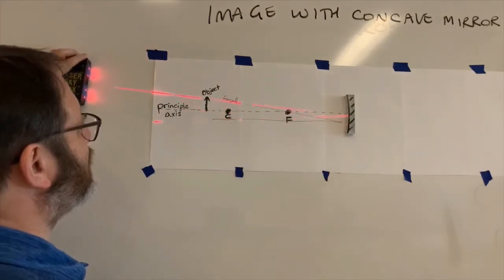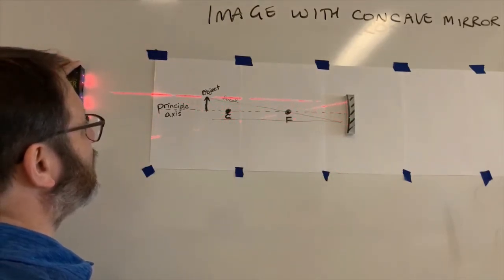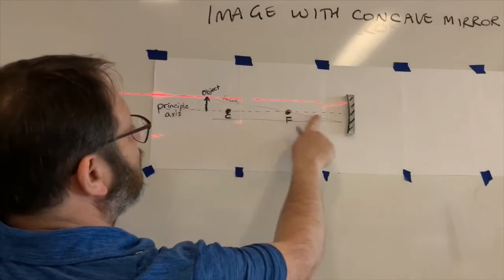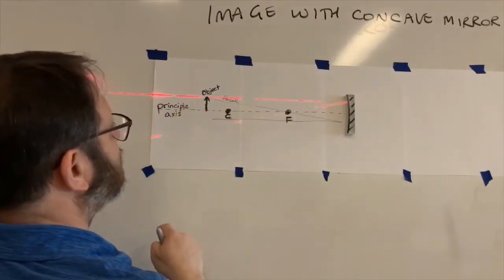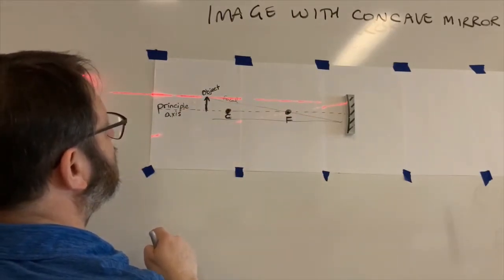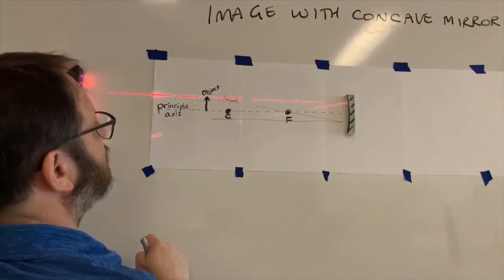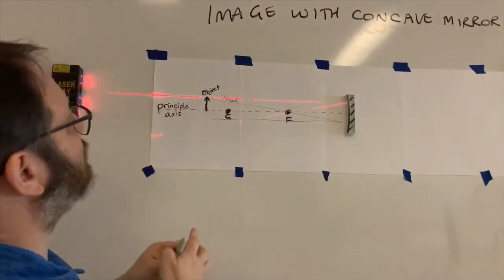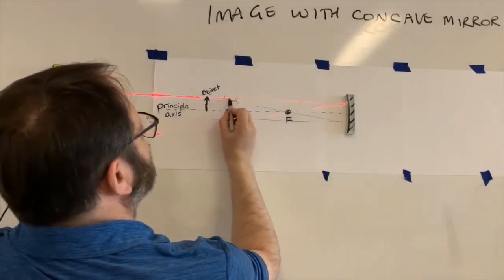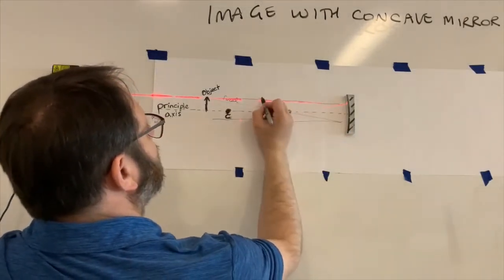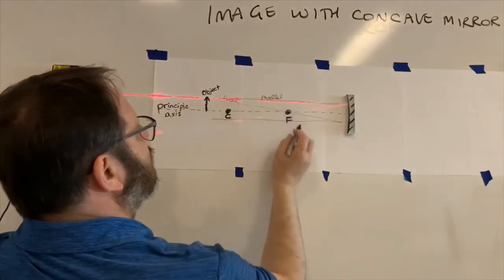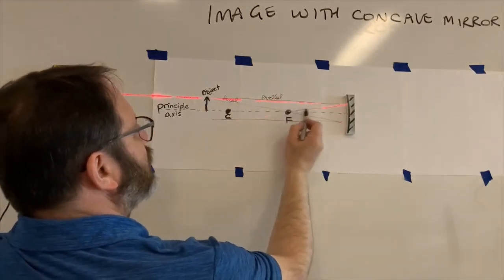Instead, we'll do the parallel. The parallel one goes in parallel to the principal axis and then comes out. Not always terribly easy to draw. Okay, so the parallel one comes in parallel, bounces off and goes through the focal point.